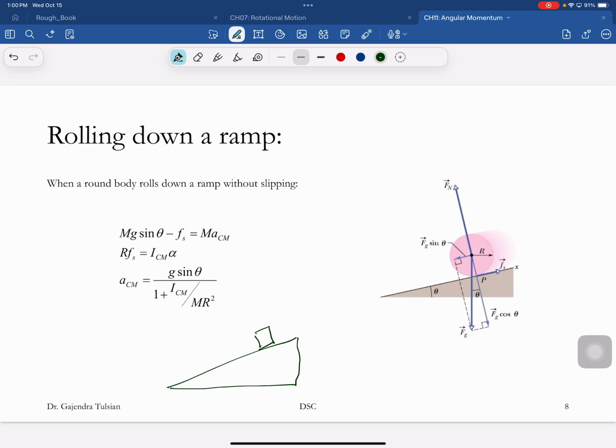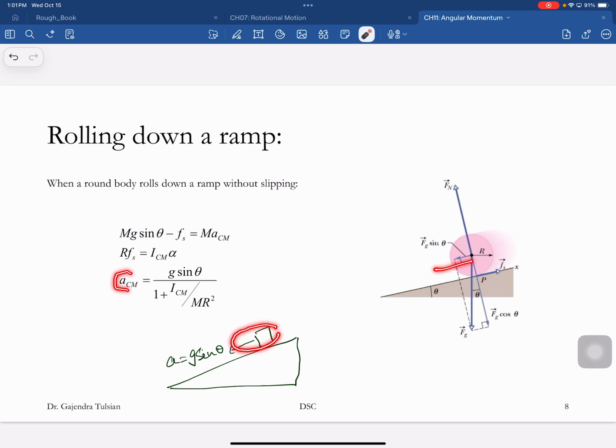If you took an ice cube on a frictionless surface, the acceleration of this ice cube is g sine theta. You saw that in one of the previous chapters. So if an object is rolling down without slipping, it turns out that the center of mass acceleration is smaller than this.